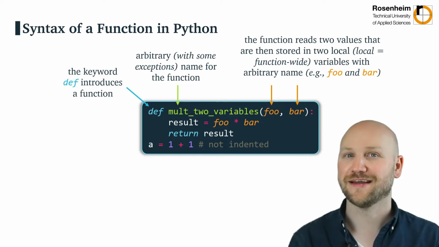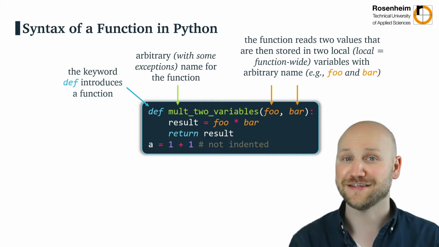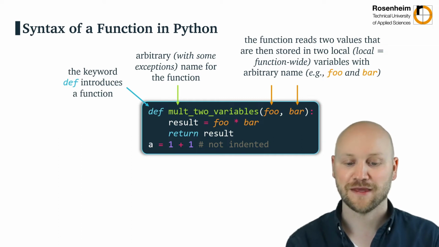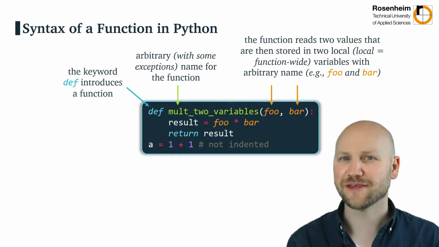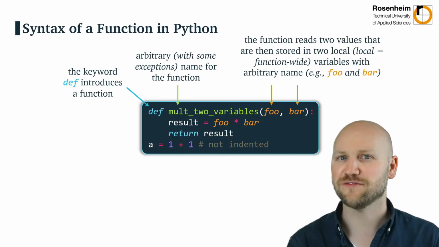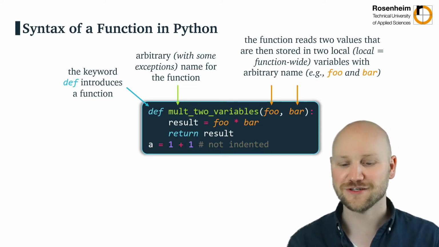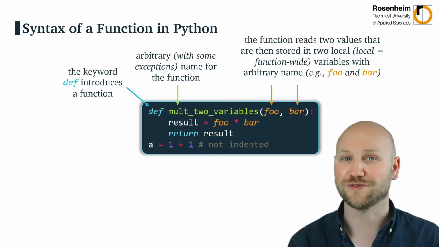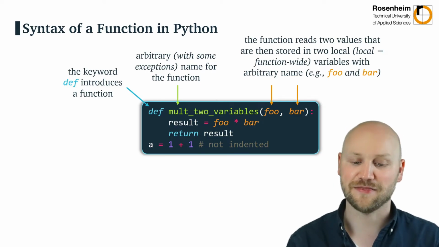There will be another video on functions where we talk in a little more detail about these arguments. In this case, we are calling them foo and bar. These variable names are new names for the values you are passing to the function. So if you are passing a variable named ABC to the function, it's renamed to foo. These variables only exist in the function.